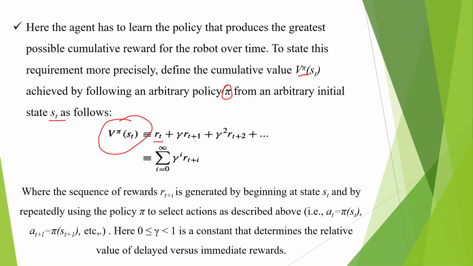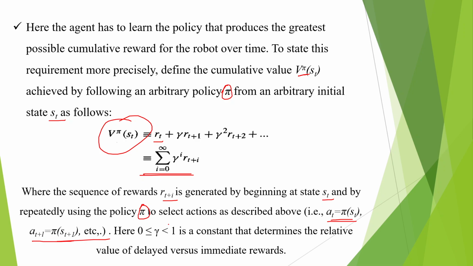If you sum all these, you get this formula, where V pi of st equals the summation of i equals 0 to infinity of lambda power i times rt plus i, where the sequence of rewards rt plus i is generated by beginning at state st and repeatedly using the control policy pi to select actions, as described by at equals pi of st. In future actions, at plus 1 equals pi of st plus 1, and so on.